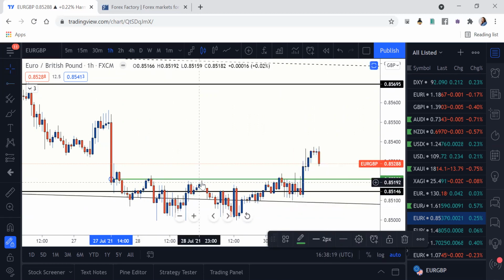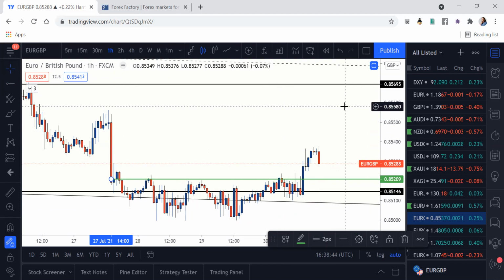This area here would have been my point of interest. Price was consolidating here for quite some time. So for me, I would want to see price break this resistance and then retest it before it continues to the upside. So this is what I mean by point of interest.